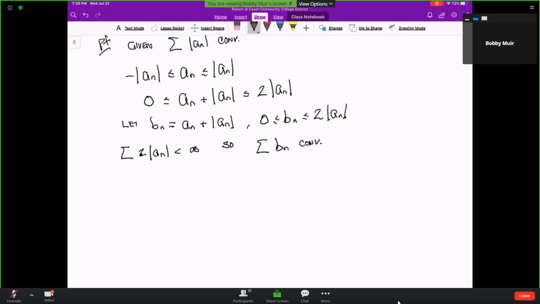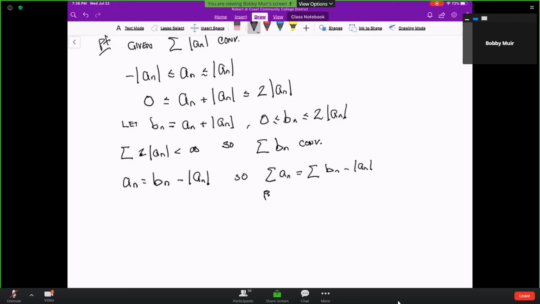Now, when I start inserting this stuff, the AN is equal to the BN minus the absolute value of the AN. So the sum of the ANs is equal to the sum of the BNs minus the sum of the absolute values of the ANs.